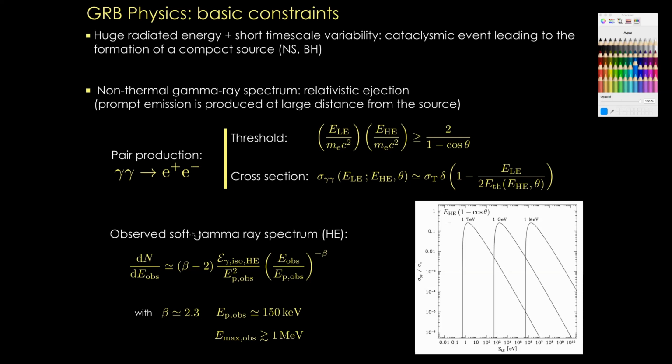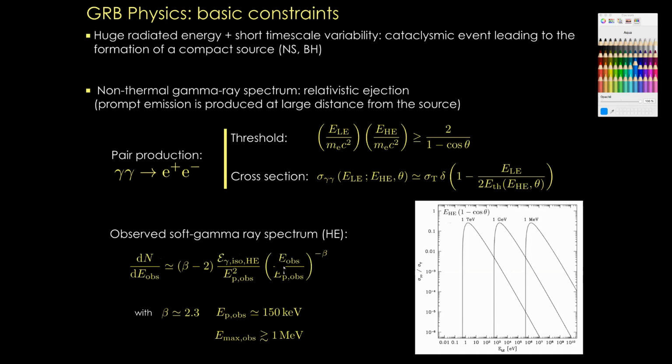So for that, we need the observed soft gamma ray spectrum, and I've skipped some details, but what we can show is that for checking the escape probability of high or very high energy photons in gamma ray burst, we have to consider for the seed photons the high energy part of the soft gamma ray spectrum.